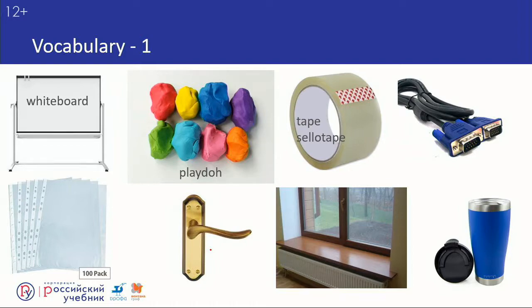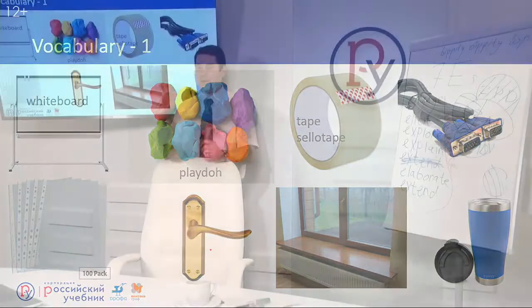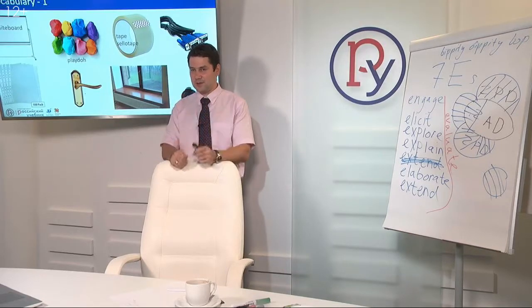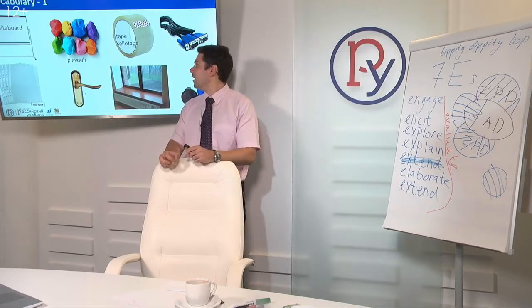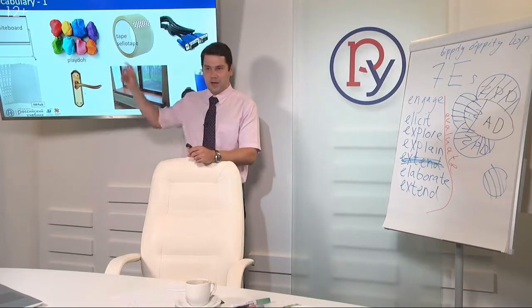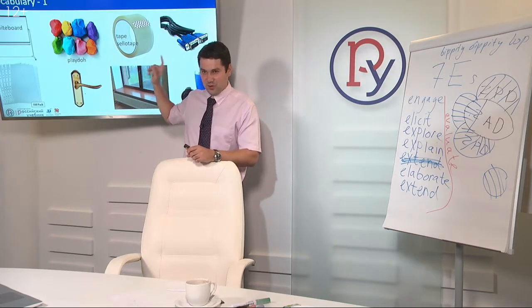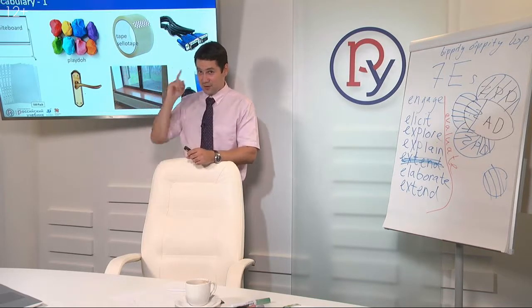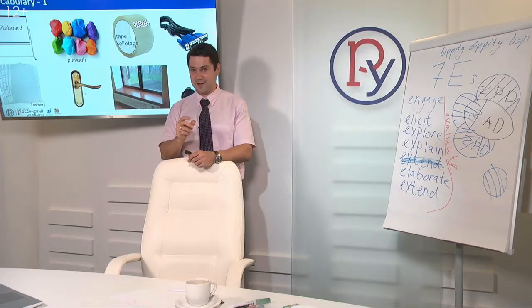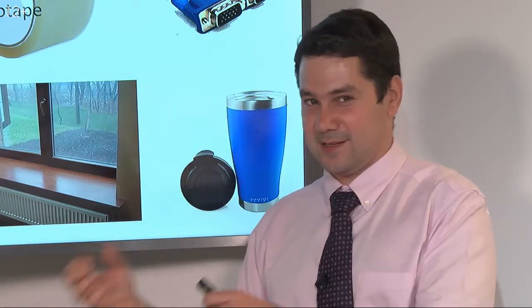Duct tape is black or blue. It's usually applied to wires, right? So it's slightly different. I hope you don't call it scotch, because you should not have scotch in your classroom. Scotch is an alcoholic drink, right guys? We don't bring scotch into our classroom, neither as a bottle nor inside ourselves.